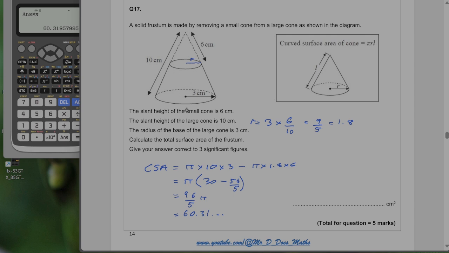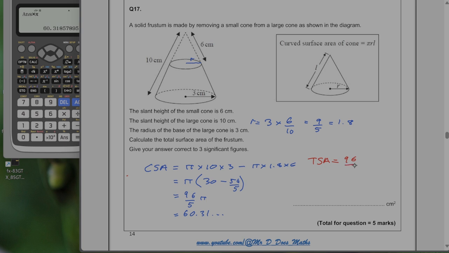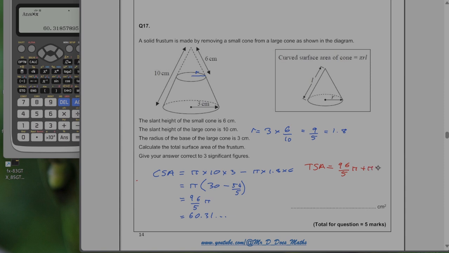To that, we're going to have to add on the area of the two circles. So the total surface area then, so we'll change pen colour for this. So the total surface area is going to be equal to the area of the two circles. So that's going to be, probably keep it in terms of pi, 96 over 5 pi plus pi times 3 squared plus pi times 1.8 squared.